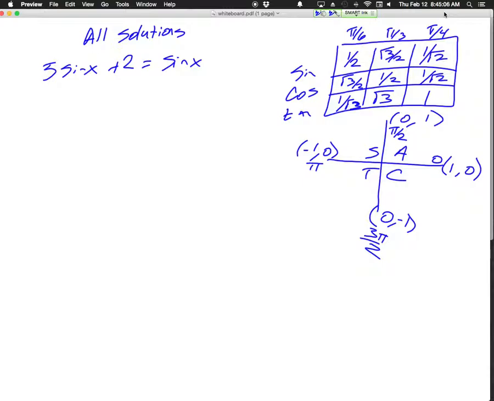Get the sines on the same side. So I'm going to subtract sine over. When I do that, I get 4 sine of x, and I probably need to move that 2 over to make it equal to negative 2. Then what? Divide by 4. So I get sine of x equals negative 1/2.